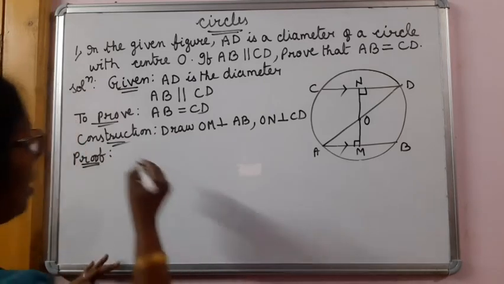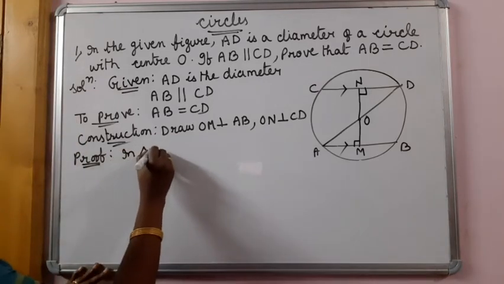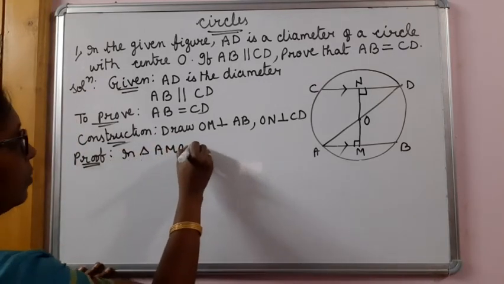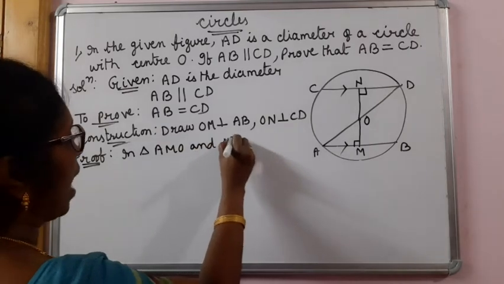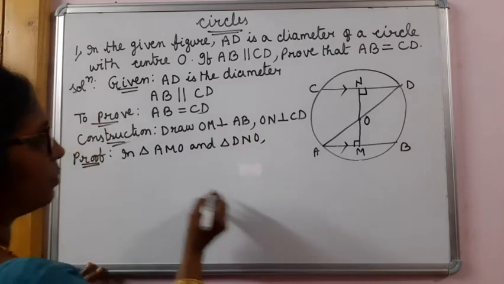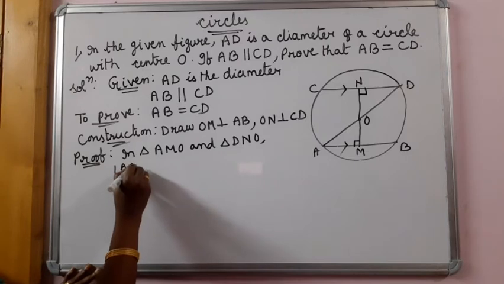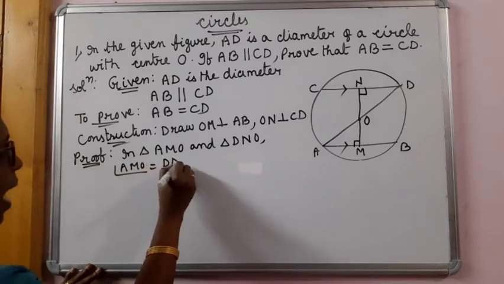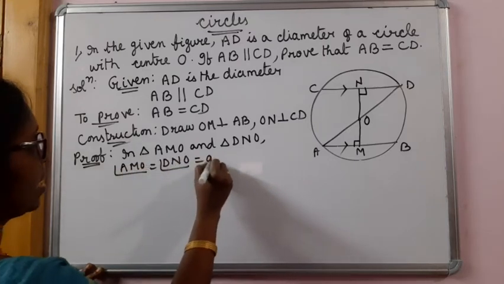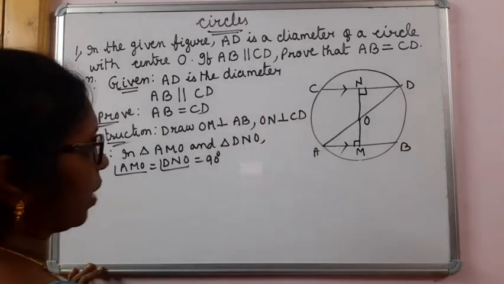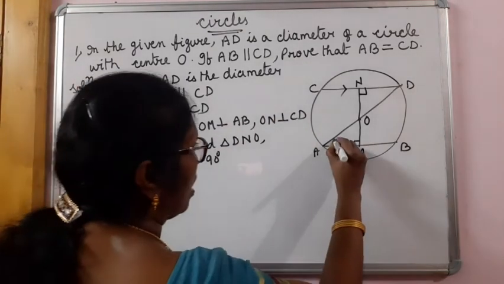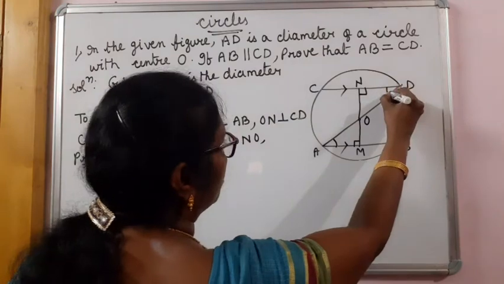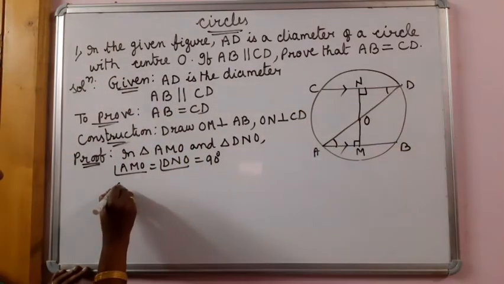So in triangle AMO and the triangle DNO, angle AMO equal to angle DNO, that is 90 degrees, we have constructed, and angle OAM equal to angle ODN.